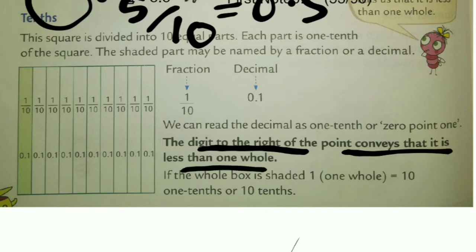So when the digit goes to the right side, it means it is less than one whole. So it will be 1 upon 10th part. Next will come 1 upon 100th part, like this. So after the whole number, on the right side we can read 1/10. Okay.